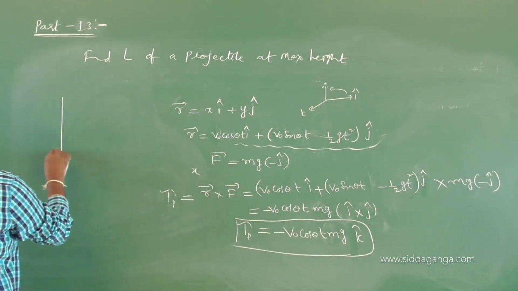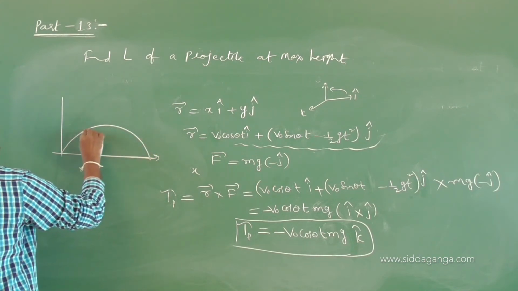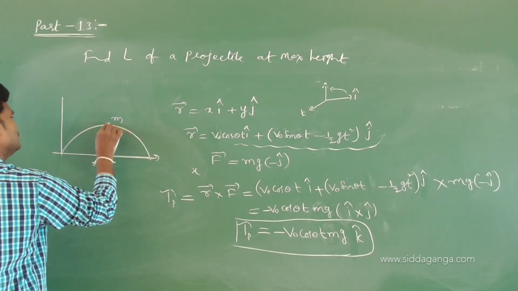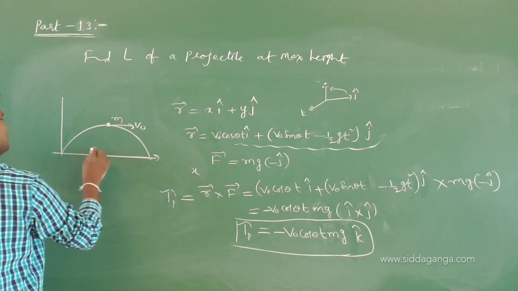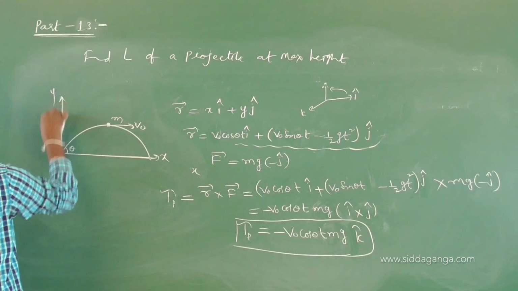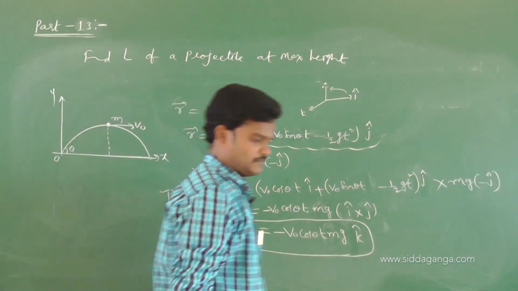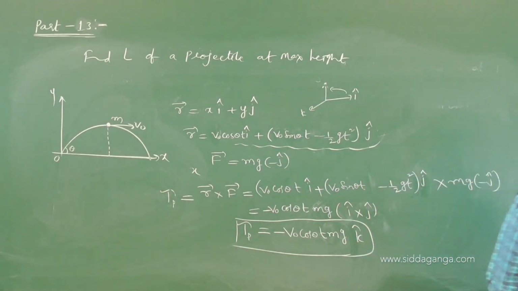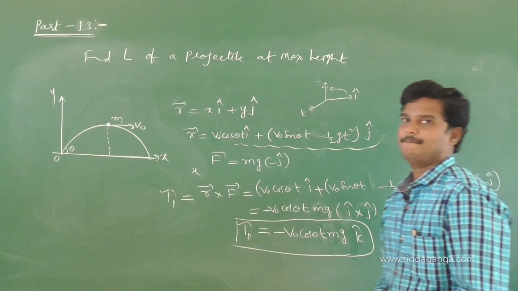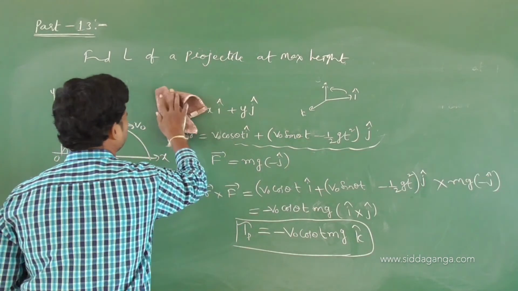So, the direct formula is this one. Particle of mass m moving with a speed v naught. Find angular momentum of the projectile at the maximum height.